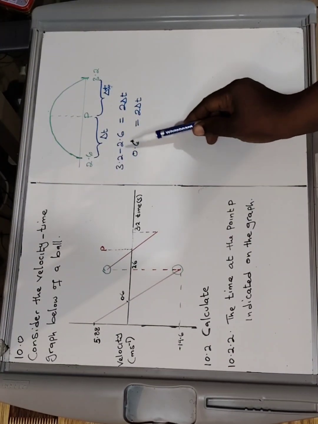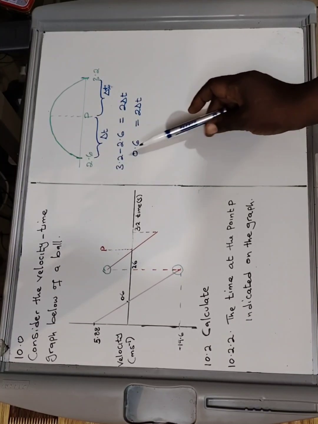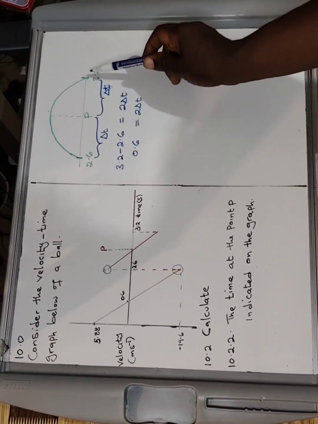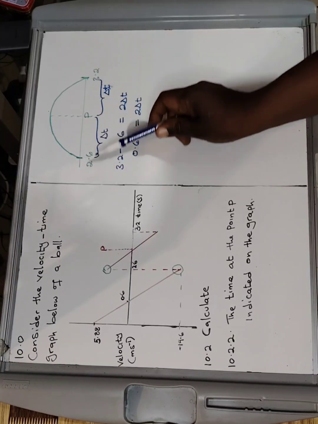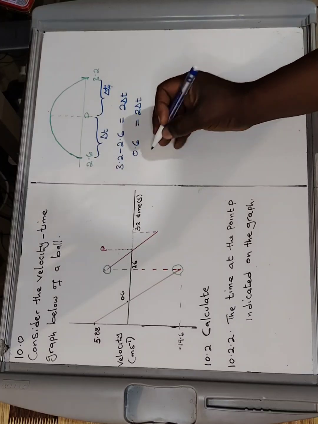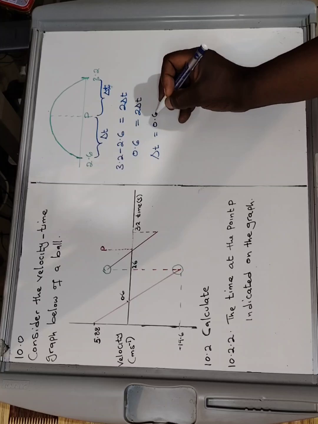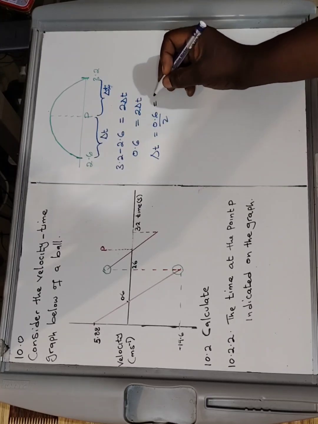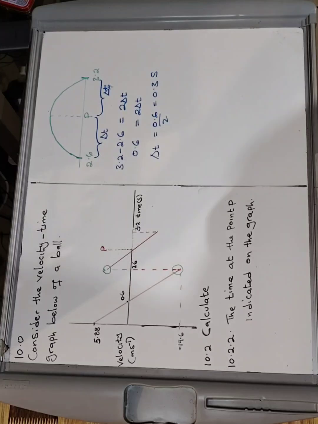The difference here, we got it as 0.6. So the entire range here in terms of time is 0.6. But 0.6 is made up of 2 delta t. So what are you going to get here? We can get delta t, which is equal to 0.6 over 2, giving you 0.3 seconds.